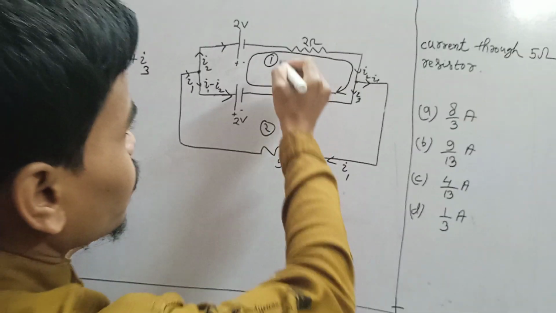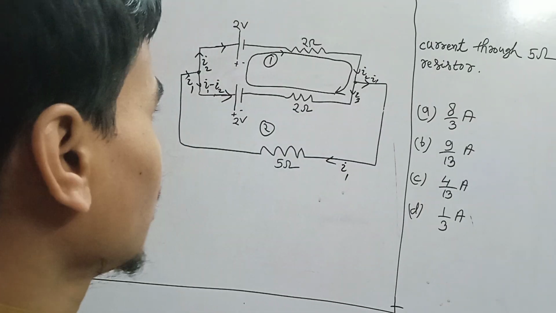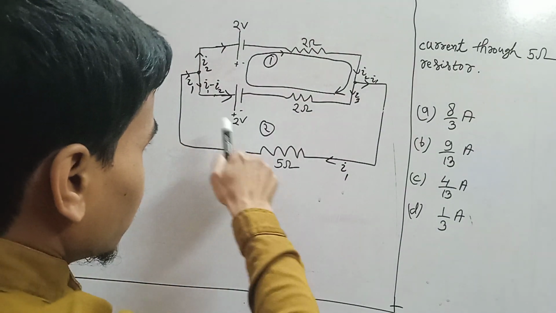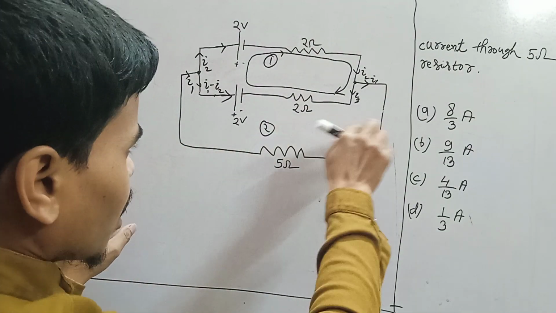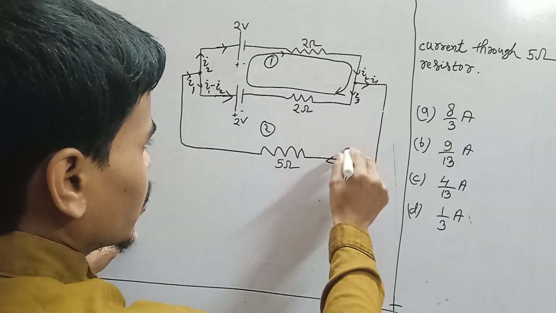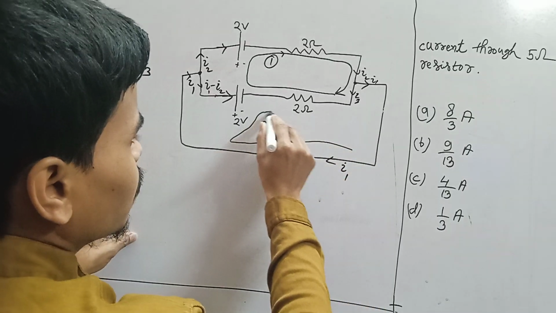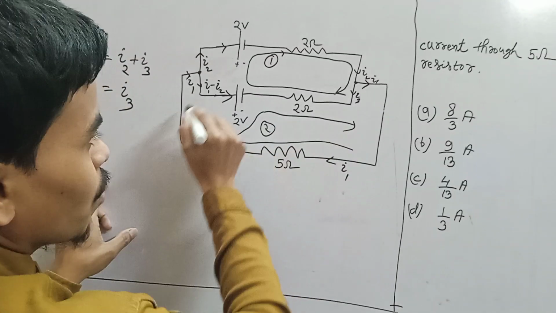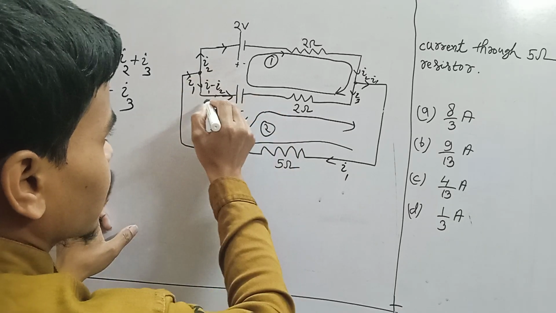And in this loop 2 we also assume the clockwise direction. This is the clockwise direction for this loop.